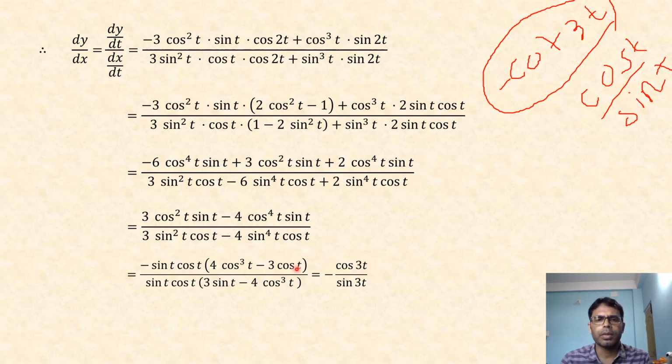So this is the formula for cos 3t and this is the formula for sin 3t, minus is there, this sin t cos t cancels, and this is cot 3t. So dy dx equals minus cot 3t.